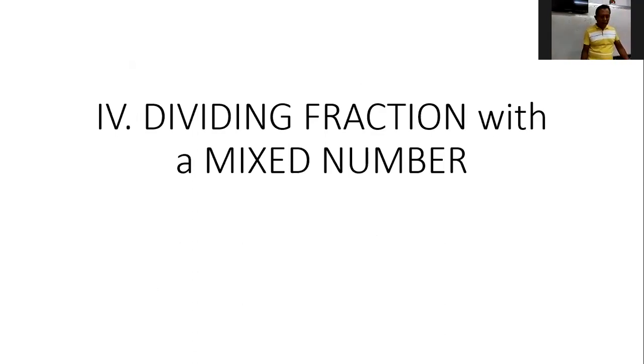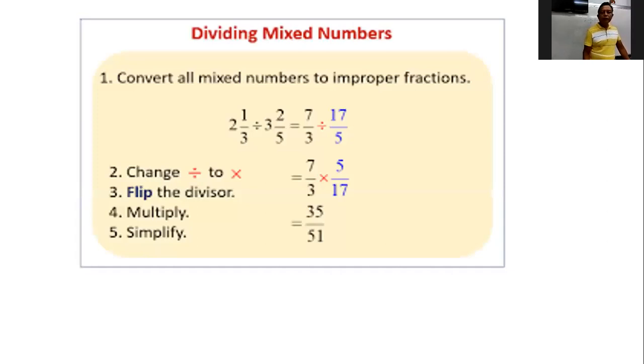Now, dividing a fraction with a mixed number. There are 5 steps. Convert all mixed numbers to improper fractions first. For example, 2 1/3 divided by 3 2/5.